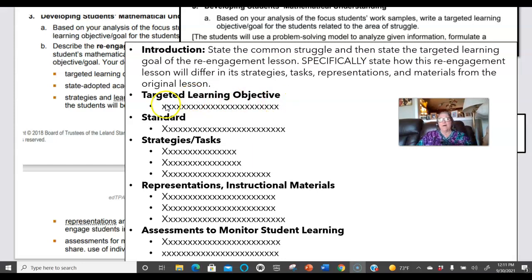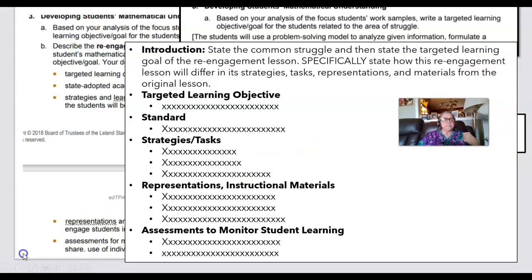Bullet the items yourself. Targeted learning objective, write it. Your standard, your task, your representations, and instructional materials, and then your assessments. This is very straightforward. And besides what you go over right here, this is just really more reference information for Rubric 18 more than it is anything else.